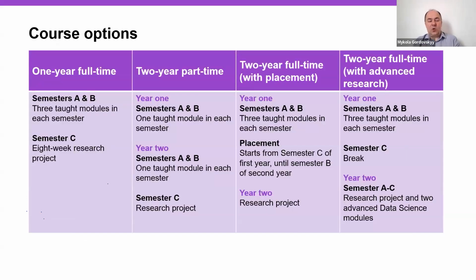So now let's talk in more detail about the structure of the course. First of all, from next year, from September, the name of our program will be MSc in Data Science with Artificial Intelligence. The main reason for this is that many of our modules include significant elements of artificial intelligence.